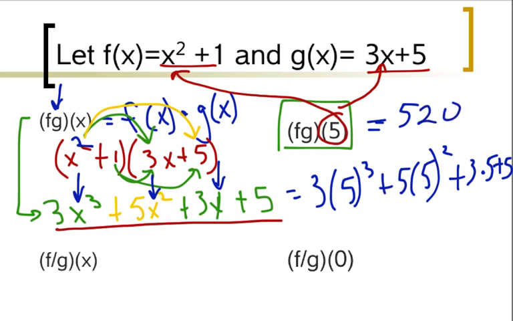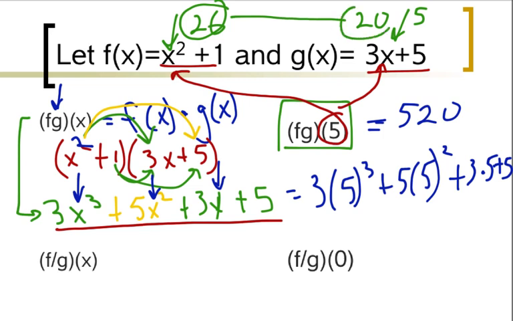Okay, now just so you know, you can take it the other way and plug in my 5 here first. If I plug in my 5 here, I'm going to get 26, and then if I plug in 5 here, I would get 20. And so basically what you're saying is you can take this answer and times it by this answer, and that would end up with the same 520.